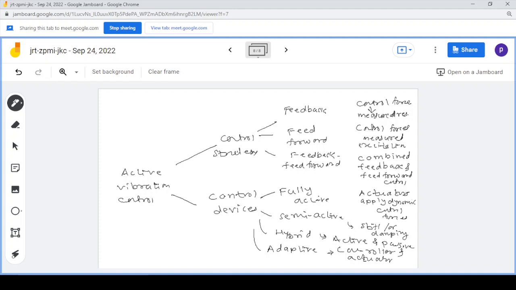If the operating condition changes, the controller or actuator should provide the appropriate response to reduce the vibration being transferred. It is also known as quasi-static.